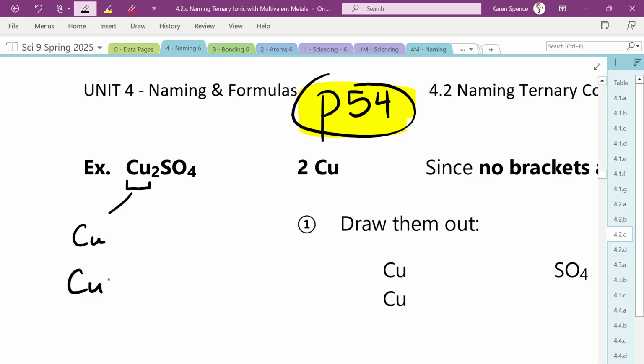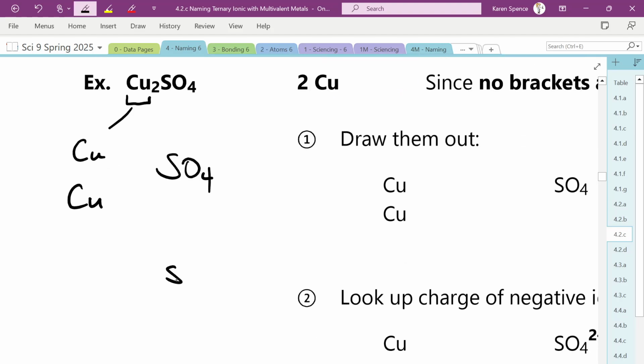So we got a Cu, we got a Cu, and we have 1 SO4, not 4 SOs.